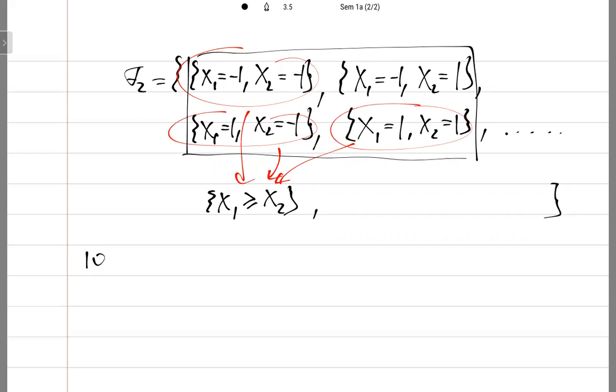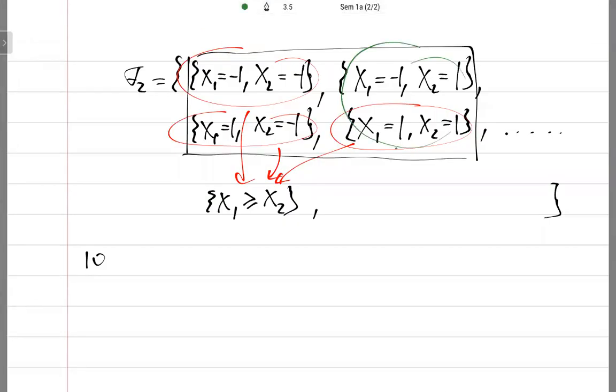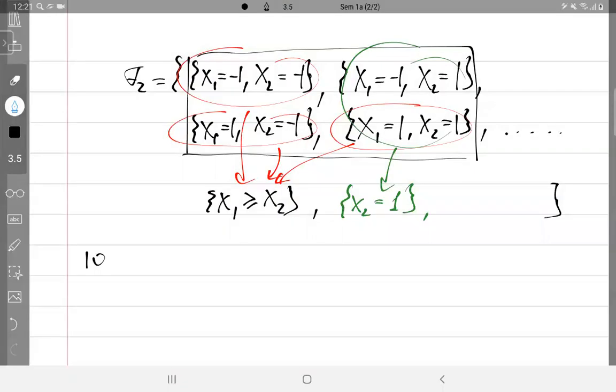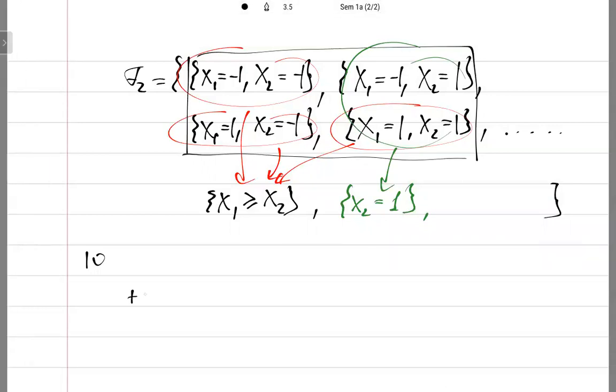I can also combine 2 events; if I combine, for example, these 2 events in one, I will get an event x2 is equal to 1. For each primitive event, I can just write plus or minus. That means I take these events in the combination, or I do not take these events in a combination.